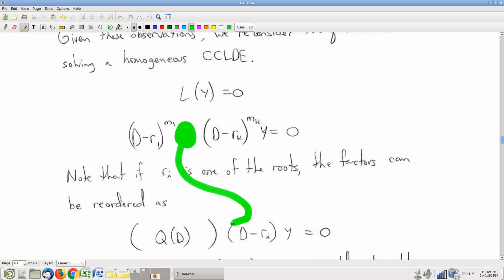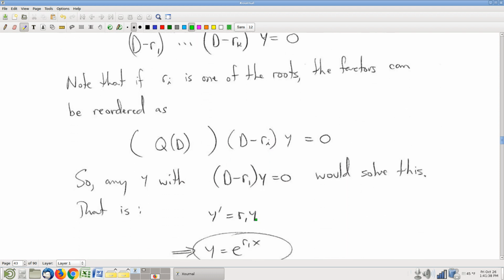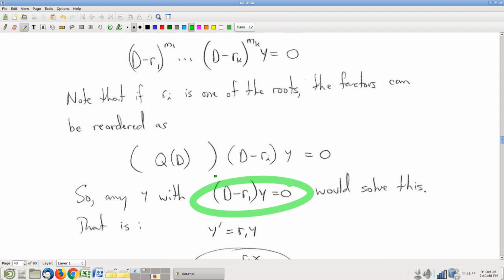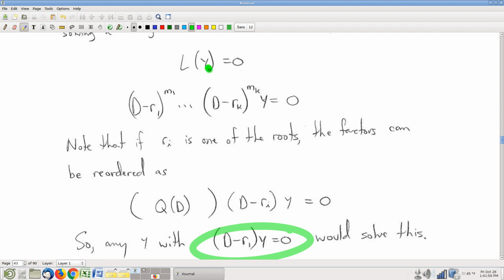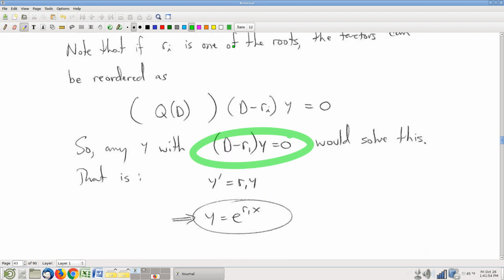I made this slick move where I pushed this factor over here to the right, and then observed that if I can make this 0, certainly that would make this 0. So said differently, if I can solve this differential equation, I can solve that differential equation. And of course, solving this differential equation is easy. It's a natural growth equation. We already know the solution, right?